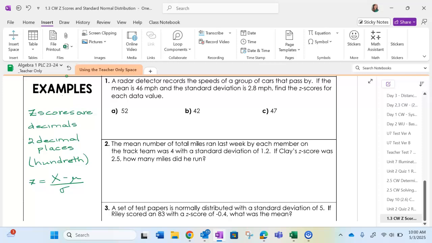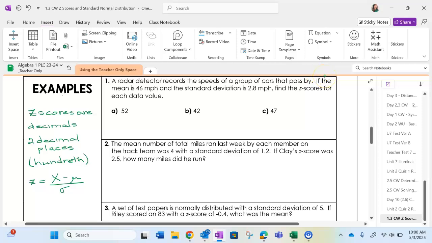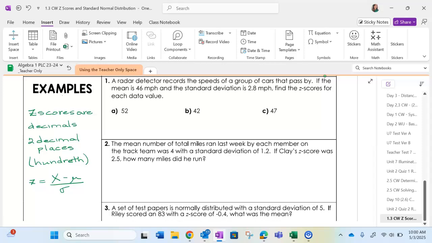Okay. All right. So let's start with this first problem. A radar detector records the speeds of a group of cars that pass by. If the mean is 46 miles per hour and the standard deviation is 2.8, I need you to find the z-scores. So that means we're just plugging in numbers right now. So this number that I'm giving you is your data value. In other words, your x in the formula.